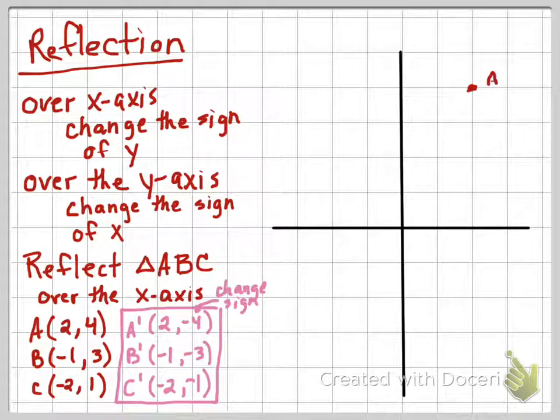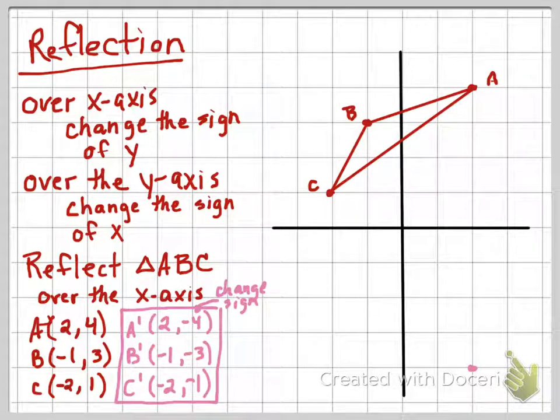Now again, graphically, there's A, B, and C. So there's my triangle ABC. Now, when you're reflecting on a graph, since I'm reflecting over the x-axis, I count how far something is away from the x-axis. A is 1, 2, 3, 4 away. So A prime is 1, 2, 3, 4 away on the other side.